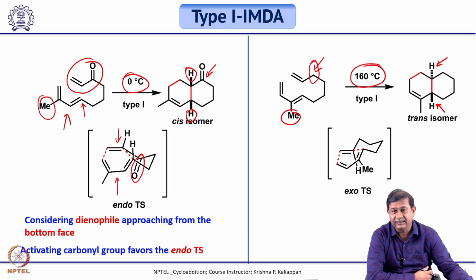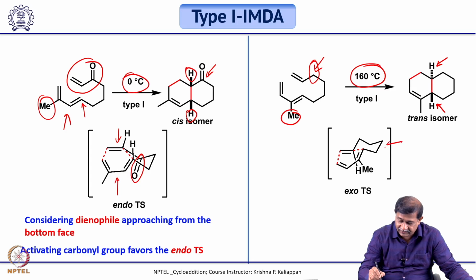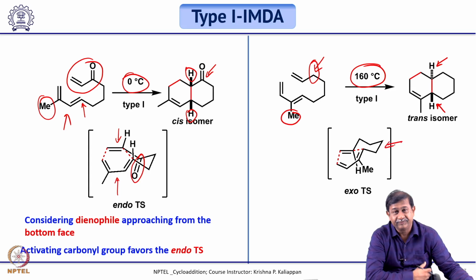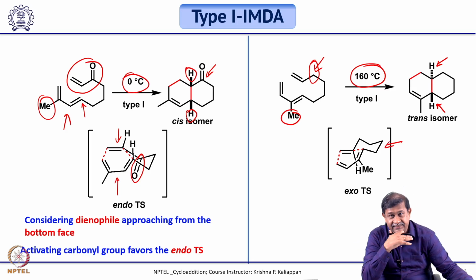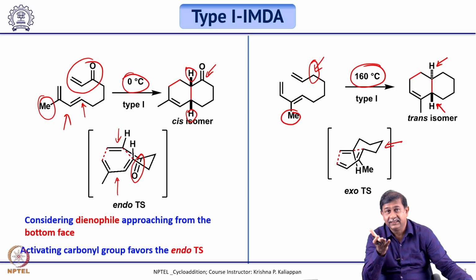If you look at the transition state, it goes via the exo transition state, and you can also see that there is a 6-membered ring. Since the carbonyl group is not there, the thermodynamically more stable exo transition state will lead to the trans isomer. The presence of the carbonyl group, which we have already discussed in detail, gives the secondary orbital overlap.